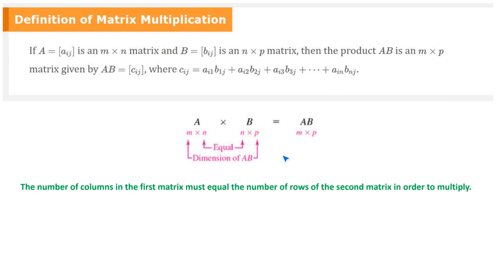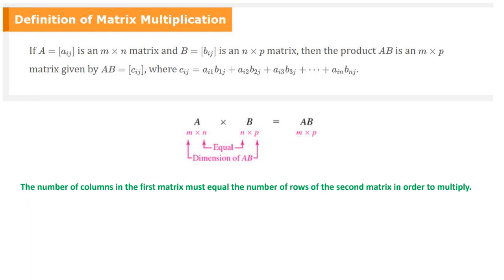In order for us to be able to multiply, the number of columns of the first matrix has to be the same as the number of rows of the second matrix. In other words, these inside numbers here have to be the same. If they are the same, then we would be able to multiply. The outside numbers, the m and the p, tell you the size of the actual product. So when you multiply, your answer will be an m by p matrix.